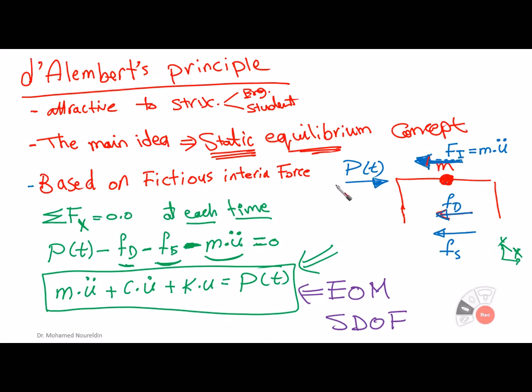So if we apply a force P of t that is going to make this mass move in this direction, then the inertia force Fi is going to be developed and it is going to resist this applied dynamic force, opposite to the direction of the motion.